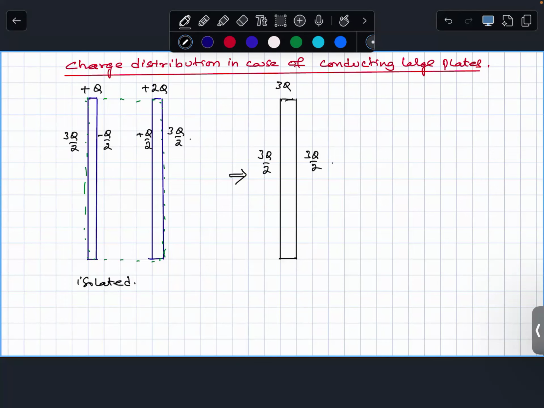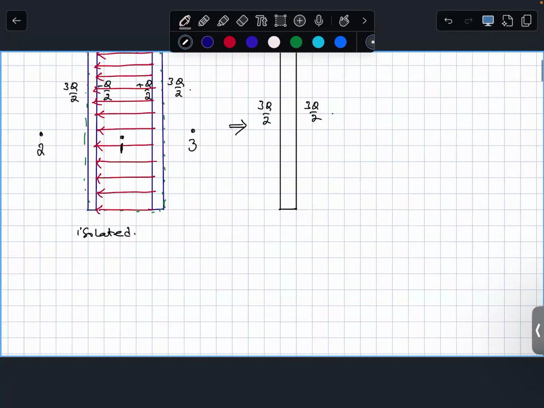Of course, the electric field lines will be like this. Almost uniform within the plates. Ignore the fringe effects at the edge. Now you take points 1 here, 2 here, 3 here.